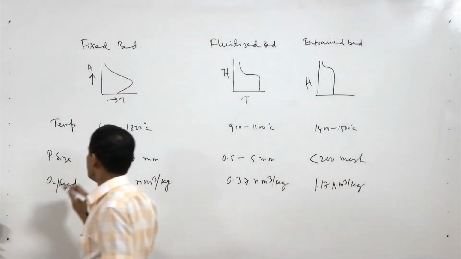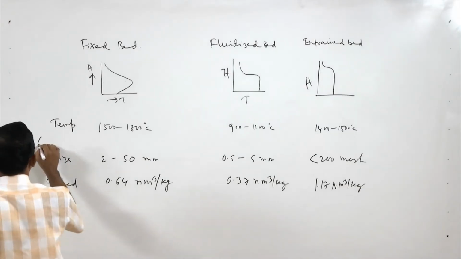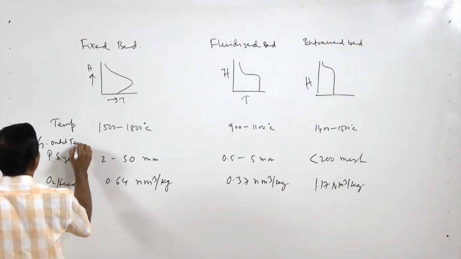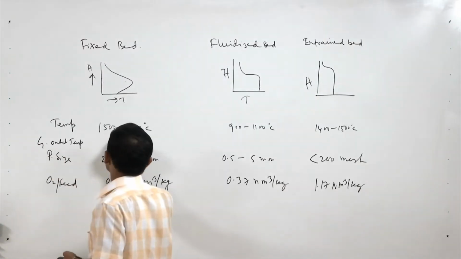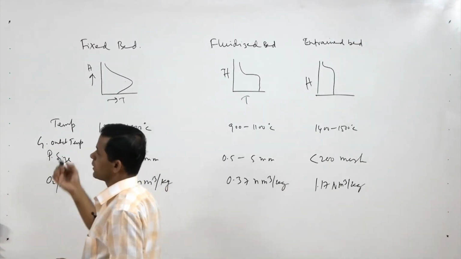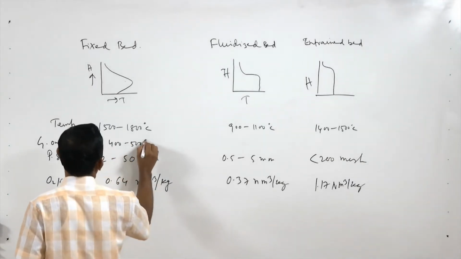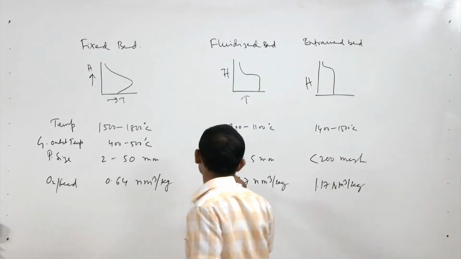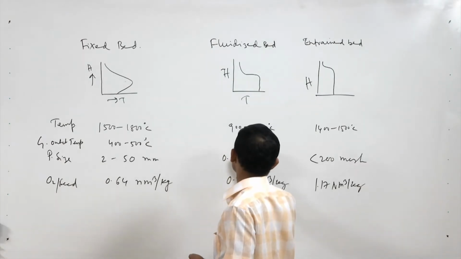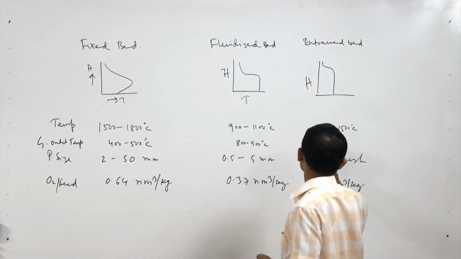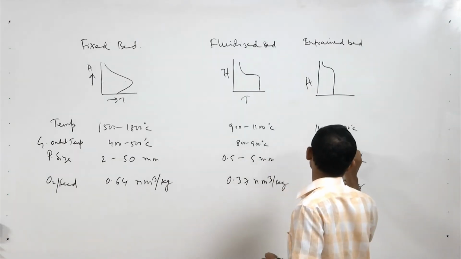Then gas outlet temperature: for fixed bed, this is lesser, say 400 to 500 degree centigrade, but here we will get around 800 to 900 degree centigrade, and here we will get more, say 1200 to 1300 degree centigrade.